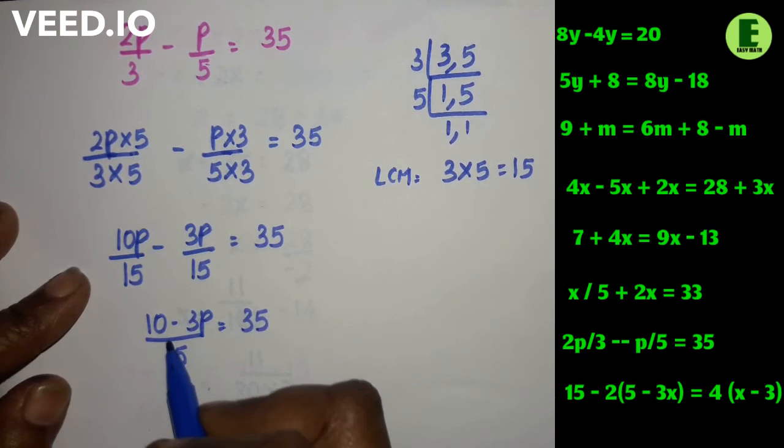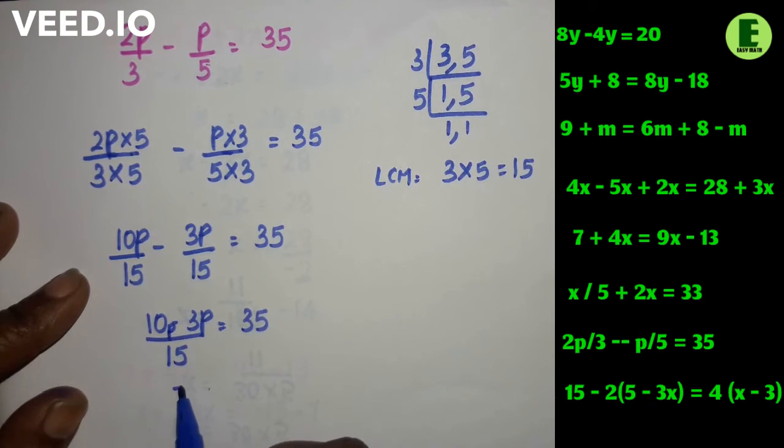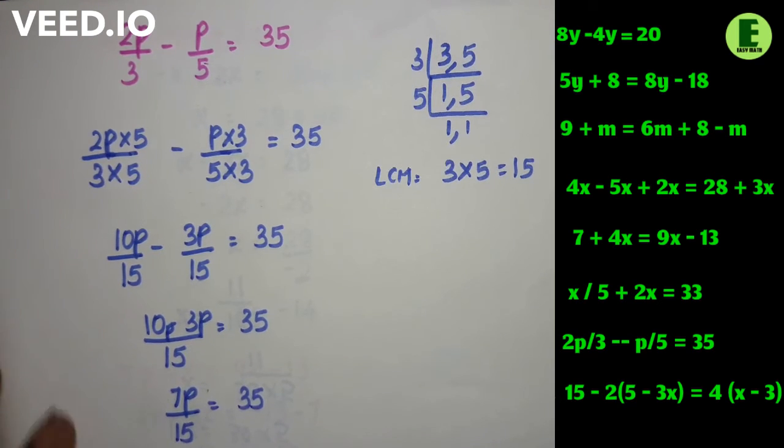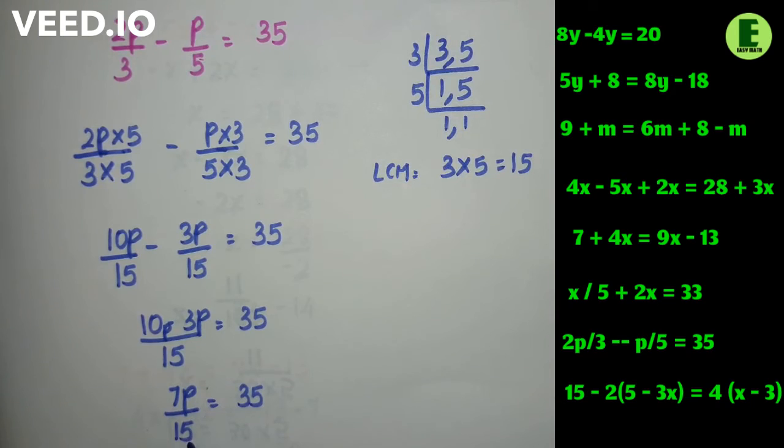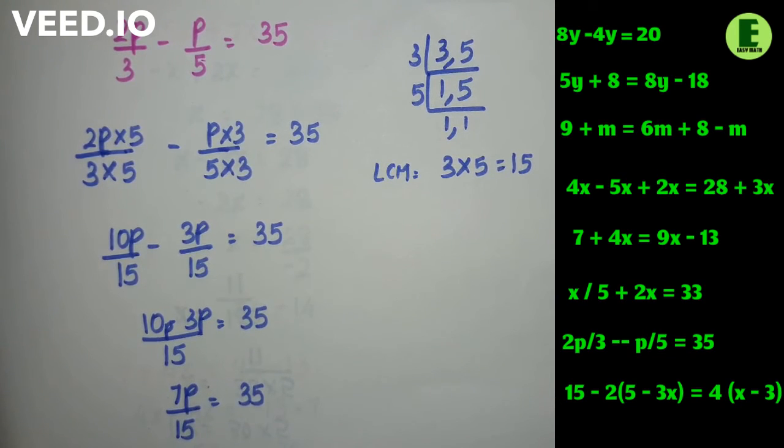Now 10p minus 3p is 7p by 15 is equal to 35. Now we have 15 which is under division. So on transposing it becomes under multiplication. So 35 into 15.